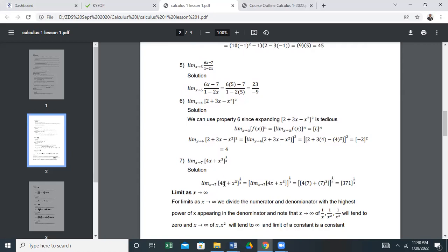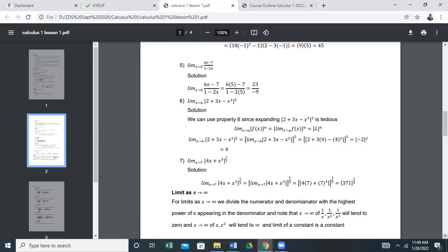So our x is 4 multiplied by x, which is 7, and then you are going to have the 7 cubed. If you work this out, you are going to get 371. Then 371 raised to a third. You can leave it at that point. The scientific calculator will be able to give you the granular, but in calculus, the most important thing was for us to solve for the limit.